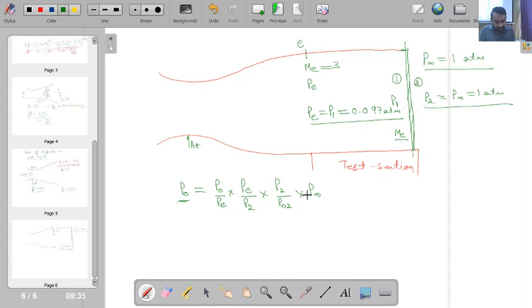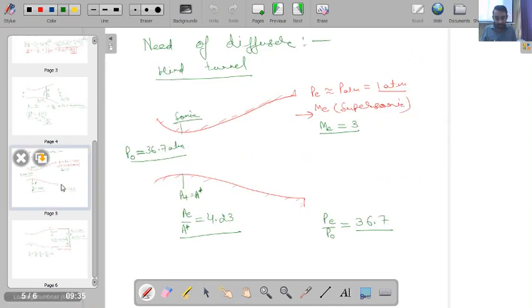So here, what is P0 by PE? Whatever nozzle was there in the previous case, I have the same nozzle with the same throat area. I have not made any modifications to the nozzle. The only modification I made is that I have extended one duct.